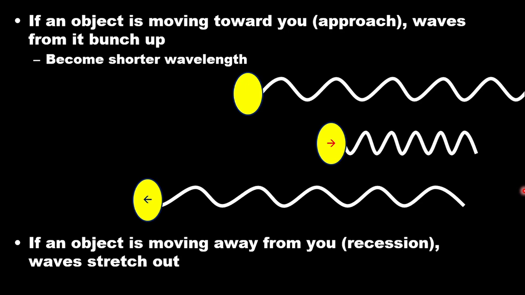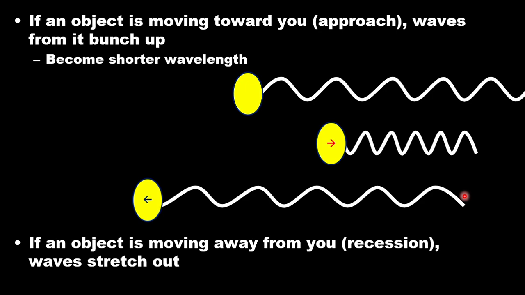and you will get longer wavelengths. And in fact, the amount of this Doppler effect depends on the speed. If an object is moving towards you faster, the waves bunch up more and you get shorter wavelengths. If it's moving away from you faster, then the waves stretch out more and you get an even longer wavelength.